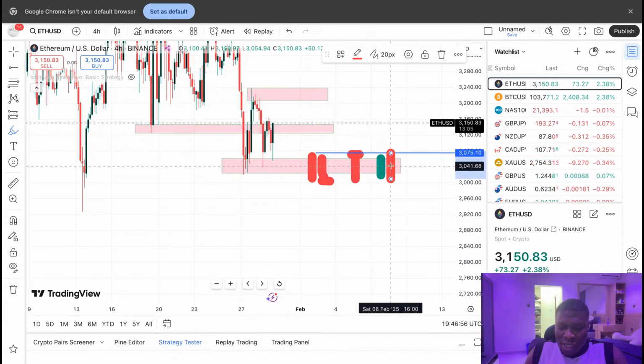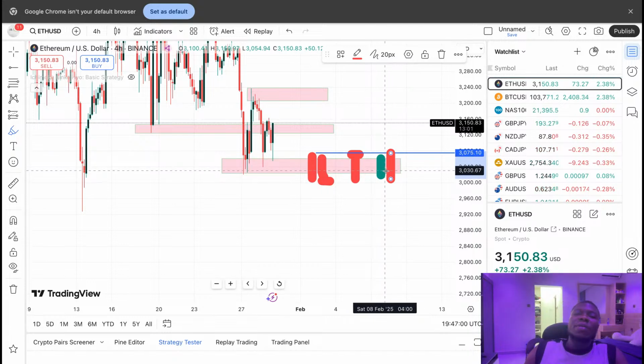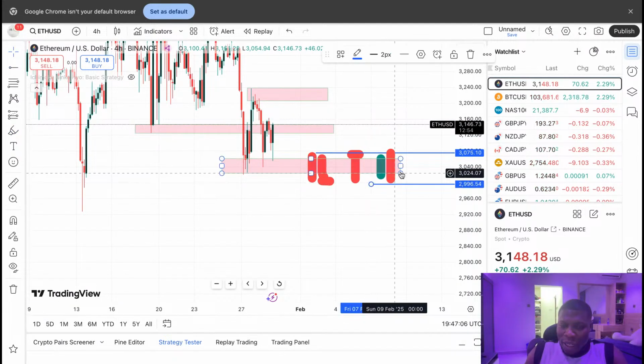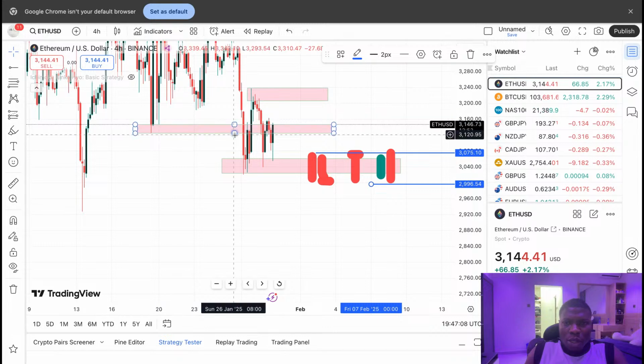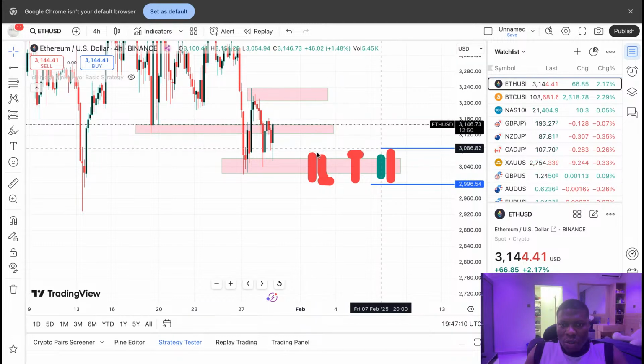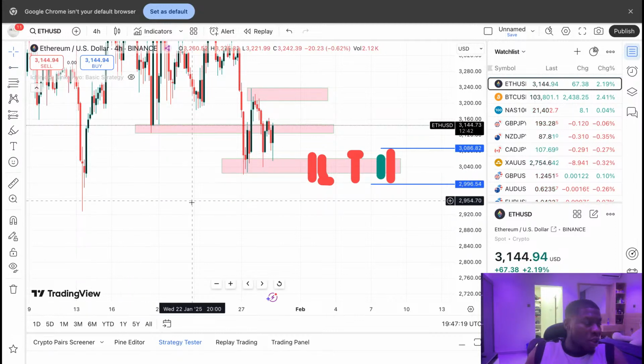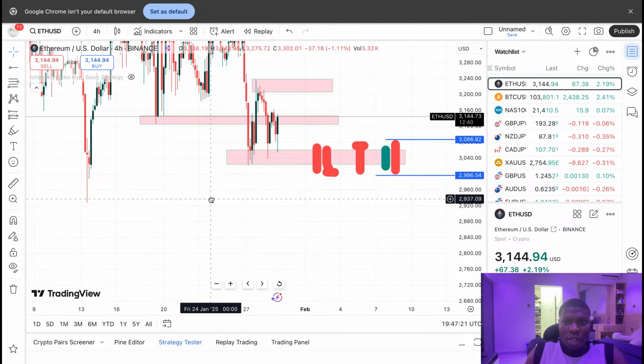So this is a perfect rejection. That is how you know if an area of support and resistance is actually tested. When you take your trade after the close of this candlestick, you place your stop loss at this zone and you target the next support area. This support area is always close, so you target the next support of each area.